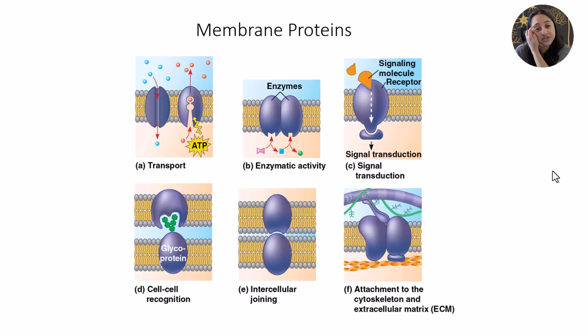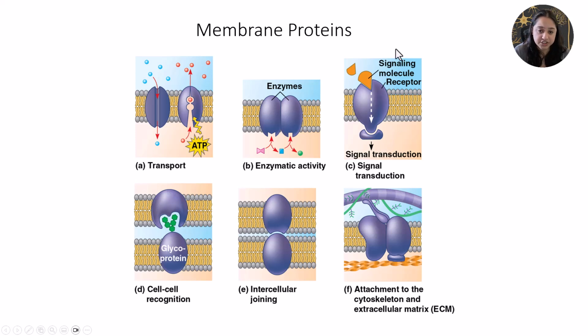So here are some pictures showing each of these different functions. Here are different kinds of transport proteins that we'll talk about a little bit later. They help certain things get in or out of the cell. Some membrane proteins function as enzymes, speeding up this chemical reaction, and maybe this one is doing this chemical reaction.